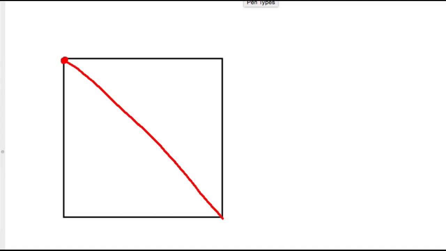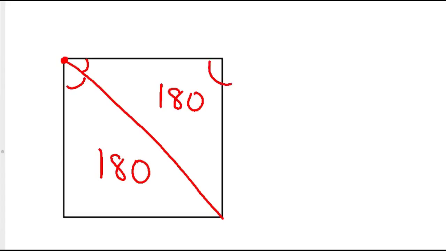So this triangle has a sum of 180, and this triangle has a sum of 180. So together, if you add up all the interior angles, you would have 360 degrees.